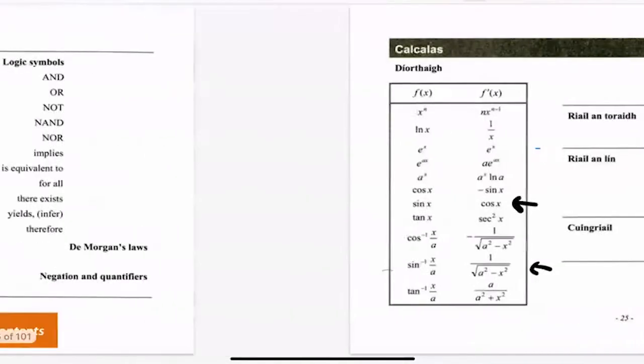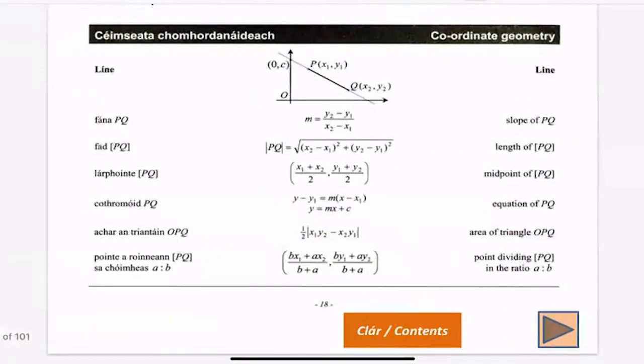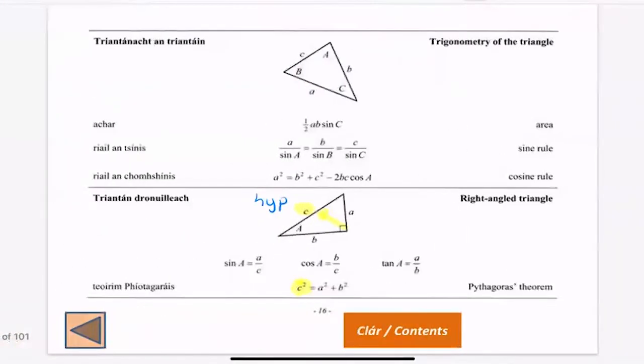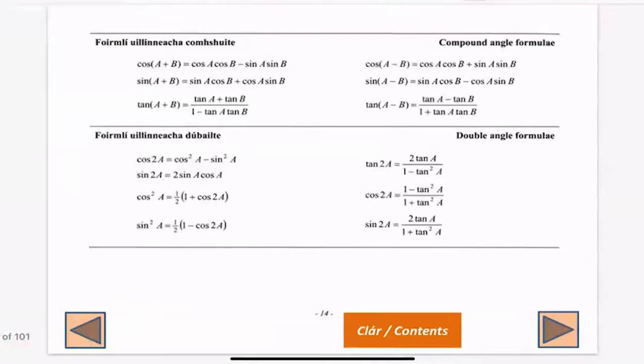Okay, so trig identities are here. Cos 2x is what it said. There's a cos 2x, there's a cos 2x, that has a cos 2x in it.